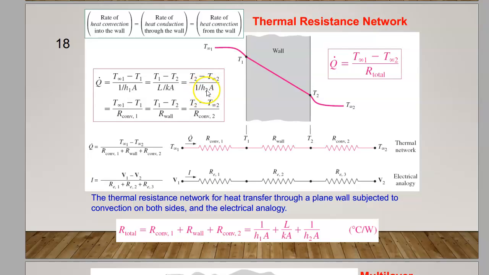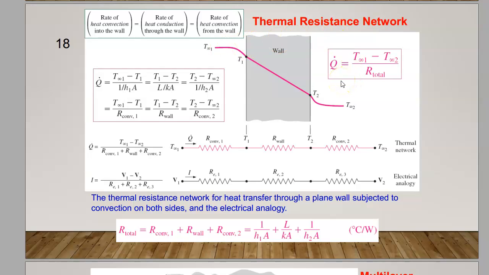Why is this H2 and this one H1? H1 and H2 could be the same but could be different, because you don't know the temperatures or the fluid flow rate, and perhaps there is wind over there, so the H will be bigger compared to the other one.